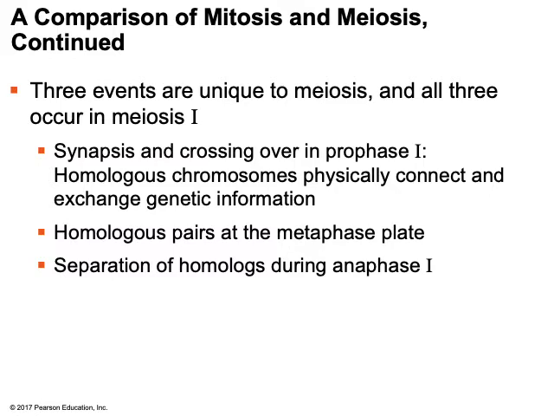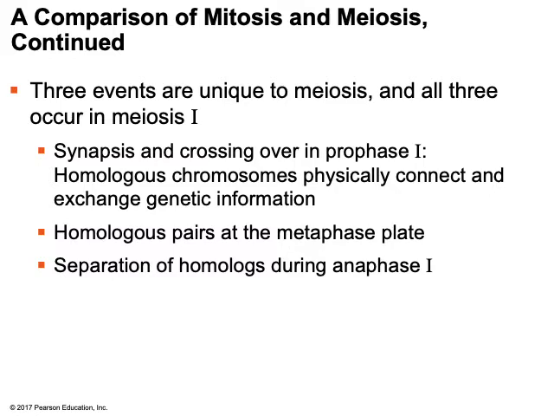First, synapsis of chromosomes during prophase 1 is going to allow for crossing over, for mixing and matching of the chromosomes. And then when we line up the homologous pairs at the metaphase plate, we can get either dad's or mom's chromosome going to one end.